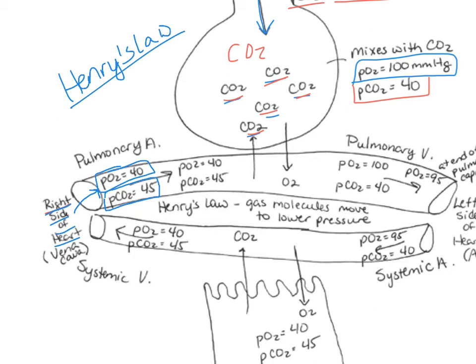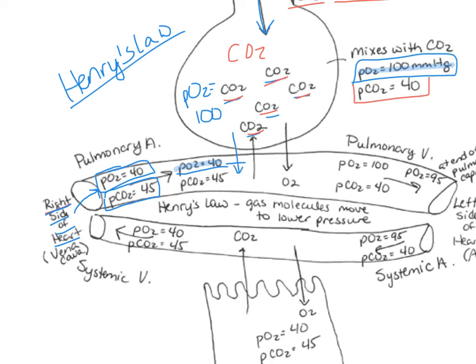So as the blood is coming up to the alveolus, the PO2 is 40 millimeters of mercury, and in the alveolus we have a PO2 of 100 millimeters of mercury. Based on Henry's law, which way is oxygen going to want to diffuse? Into the blood, right?